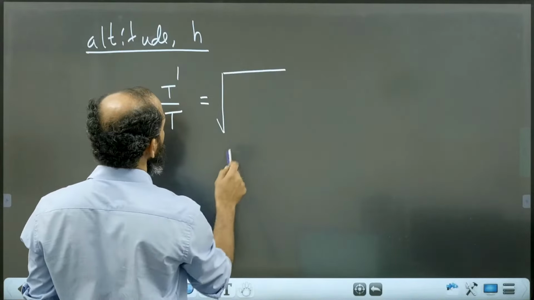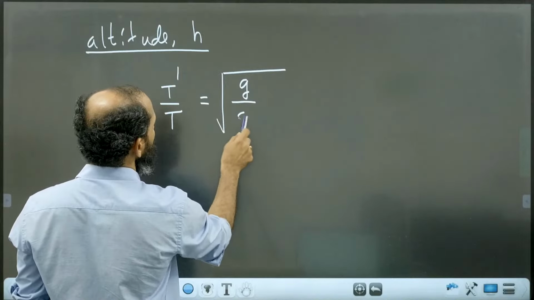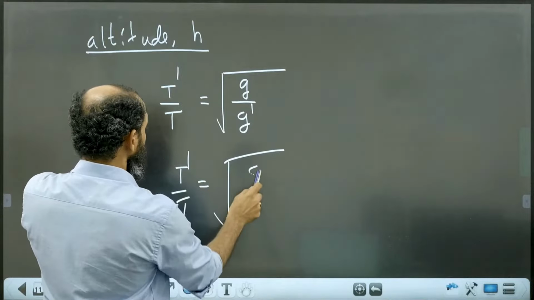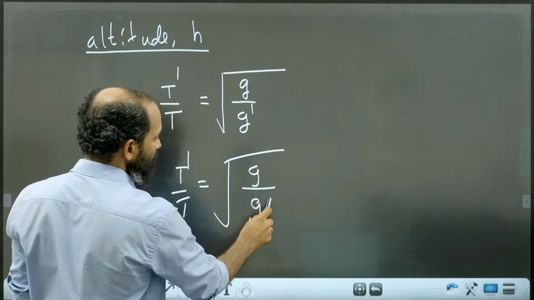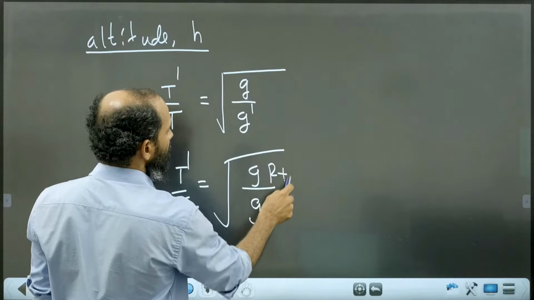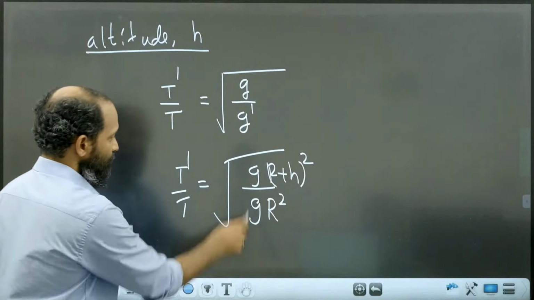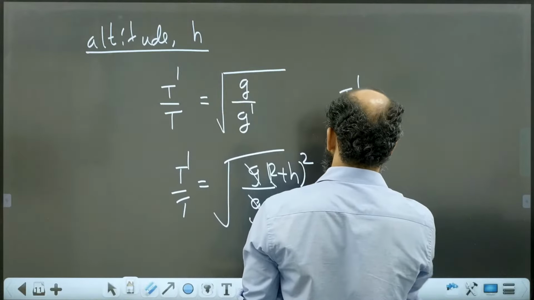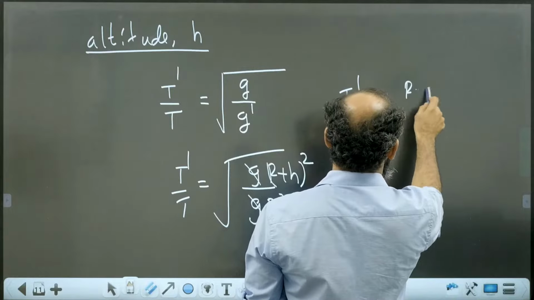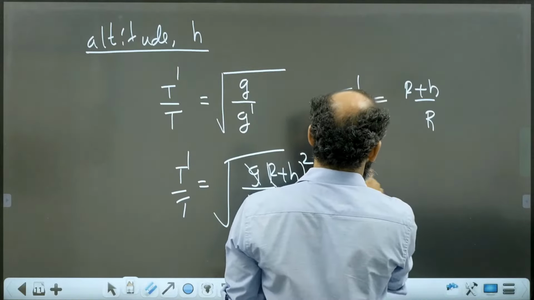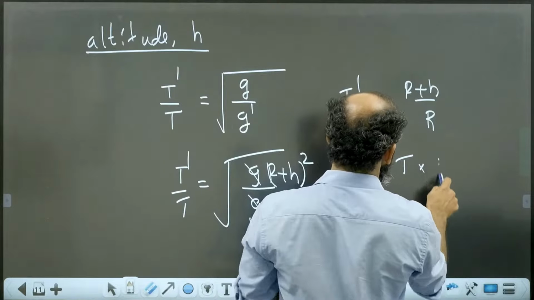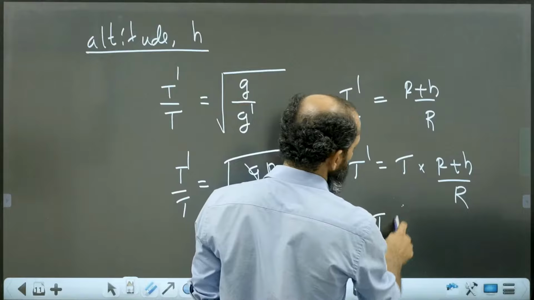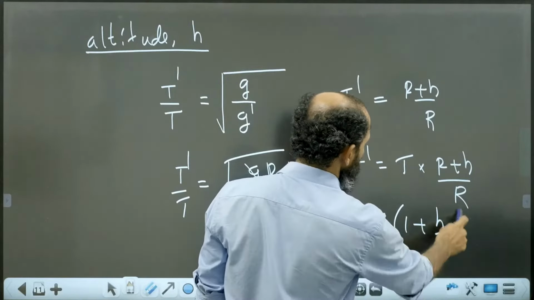So T dash by T is root of g by g dash, which can be written as root of g r square by r plus h whole square. So g gets cancelled, and we can neglect the square within the roots. So T dash by T is r plus h by r. So T dash is equal to T into r plus h divided by r, that is T into 1 plus h by r.